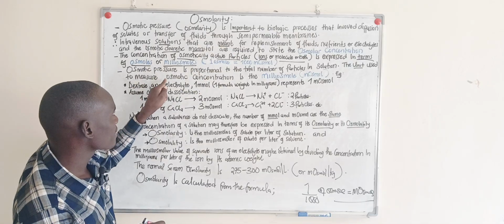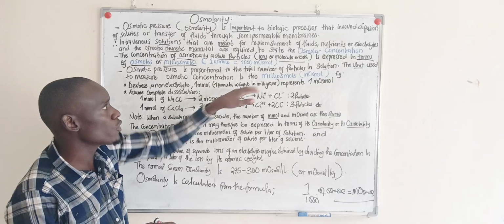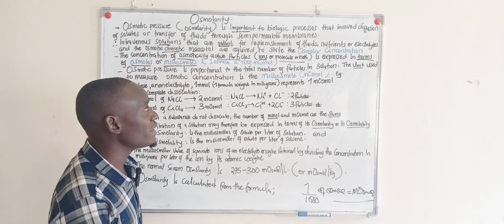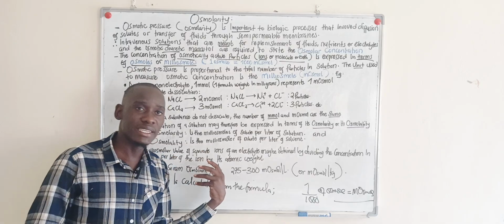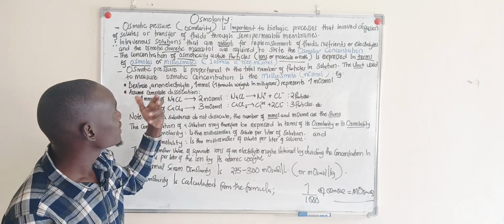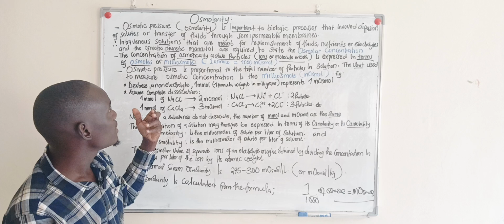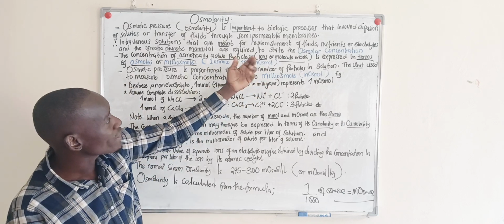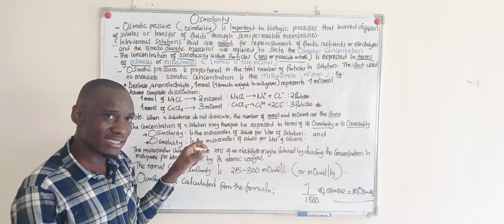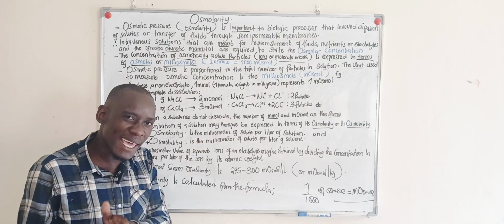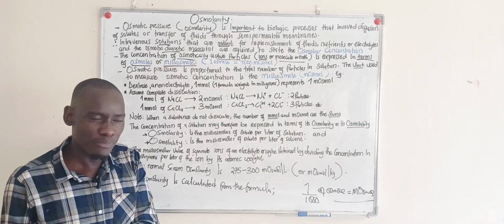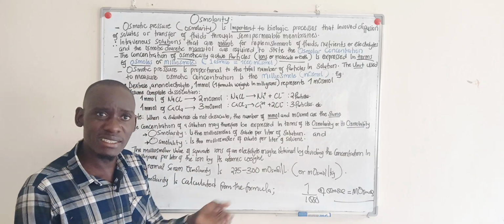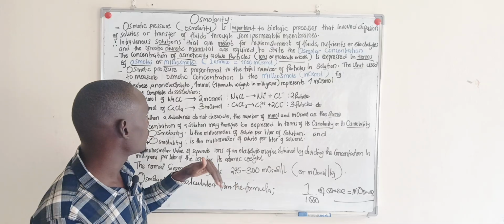Osmotic pressure is also proportional to the total number of particles in the solution, and you can know very well the time we were covering the relationship between milliequivalents and millimoles. We say that milliequivalents depend entirely on electrical charge, whereas milliosmoles depend on the number of particles in that particular solution.